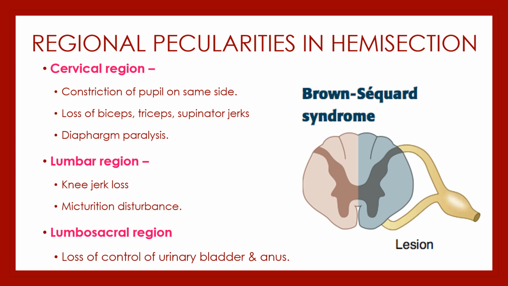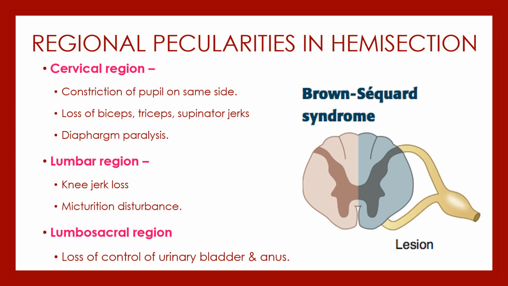There will be loss of the biceps, triceps, supinator, and pronator jerks, and then paralysis of the diaphragm on the same side. So this is because of the involvement of the phrenic nerve, which comes through C3, C4, and C5.